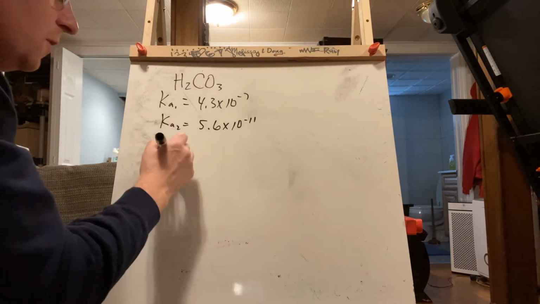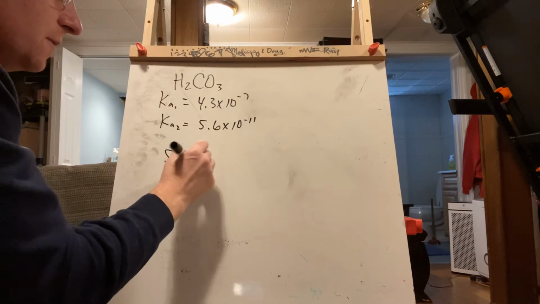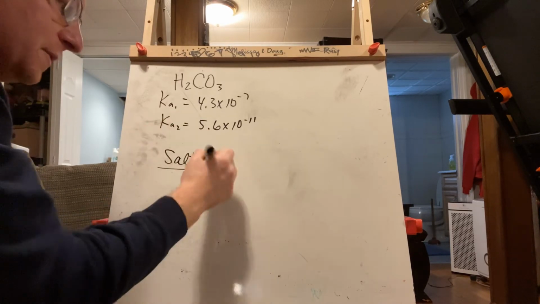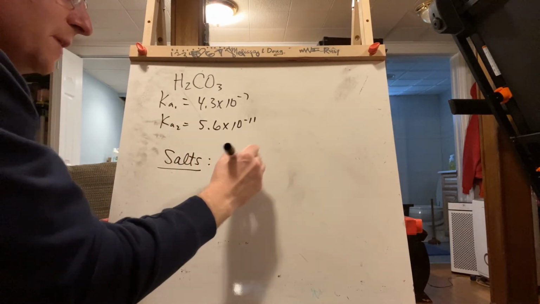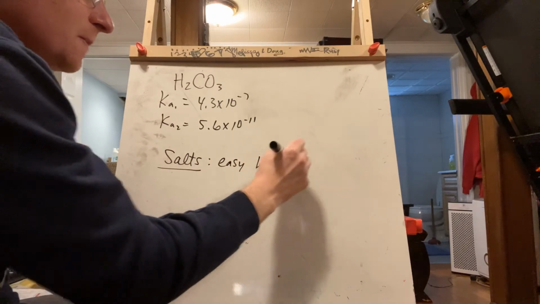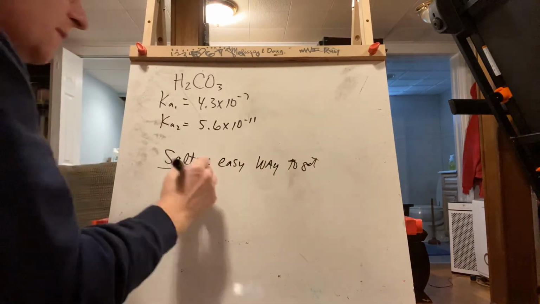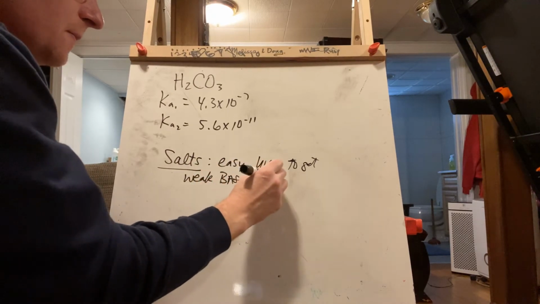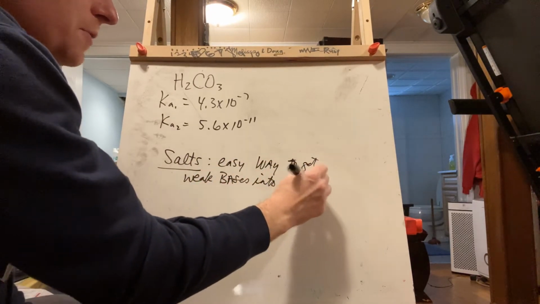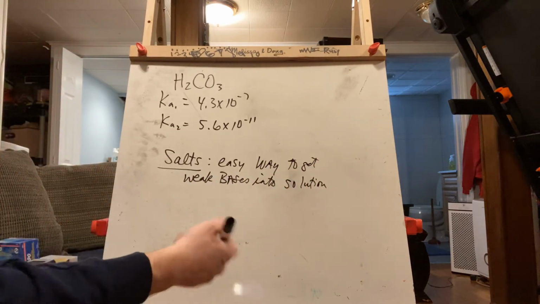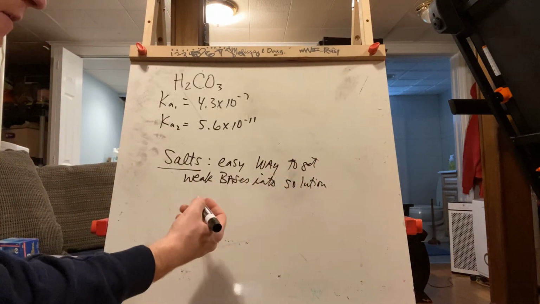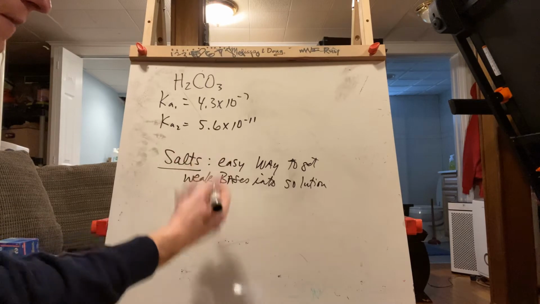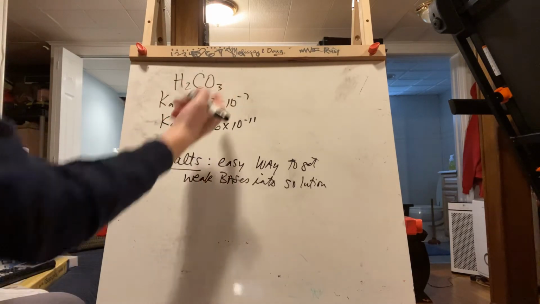salts. So salts are generally an easy way to get weak bases into solution. And what you do, and you're going to see this in a little bit, is look at HCO3 minus.